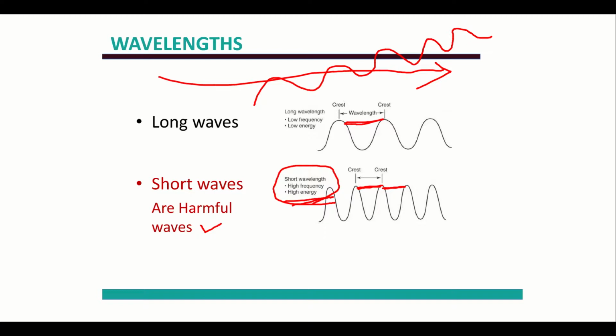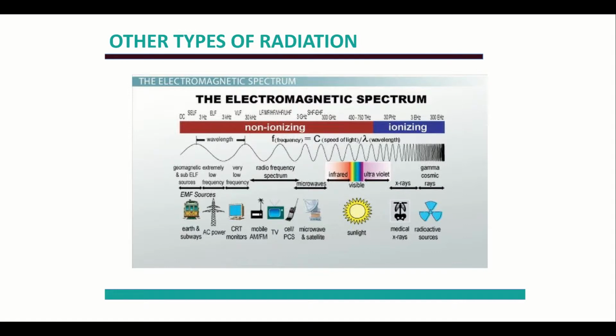If we go back to our image that we just had a second ago, notice that our sunlight here is within both ionizing and non-ionizing radiation. So there are some radiation waves from the sun that travel at short wavelengths. The distance between the peaks is short. Notice as they get shorter and shorter and shorter, we're getting more and more harmful.